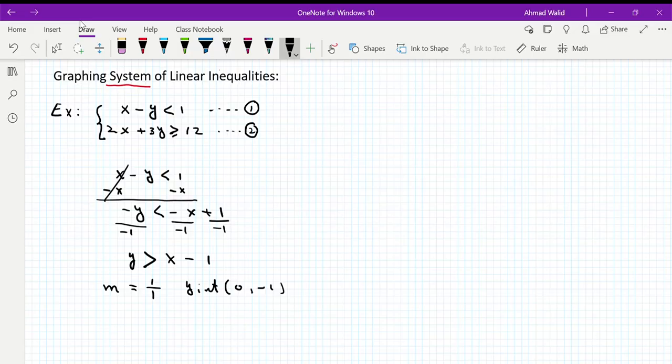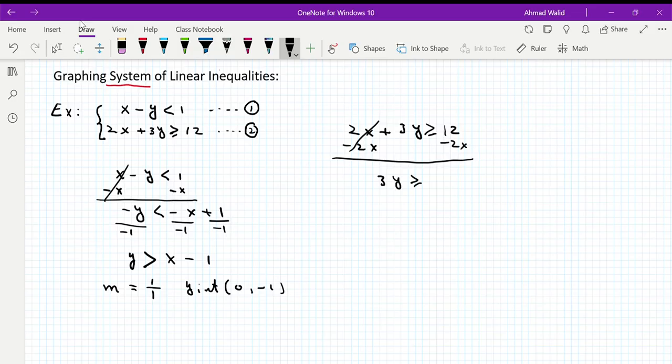Now I'll pick up my inequality number 2, which is 2x plus 3y greater than or equal to 12. Solving for y, I will subtract 2x from both sides. Then 3y greater than or equal to negative 2x plus 12, correct?